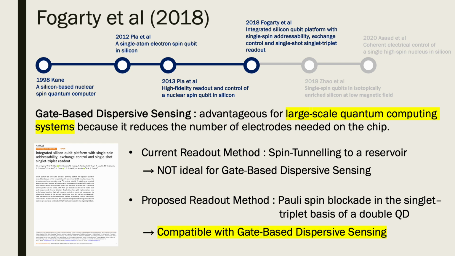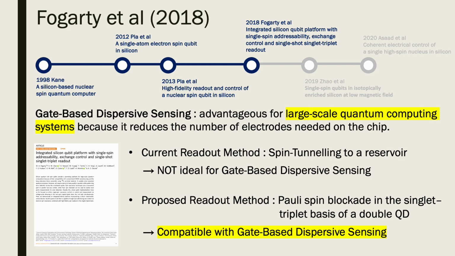This method eliminates the necessity for individual readout electrodes for each qubit, thereby decreasing the total number of electrodes required on the chip. Fogarty's paper highlights the limitation of the current approach and proposes an alternative method that offers additional benefits, which is compatibility with dispersive sensing and improved scalability.